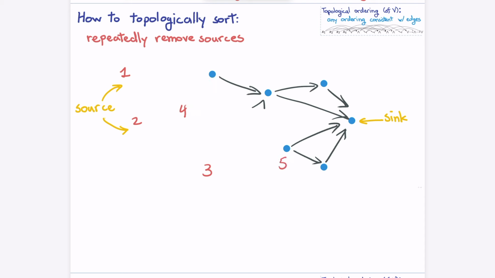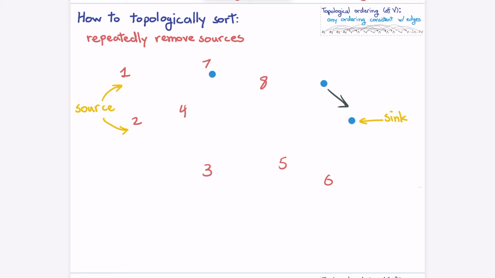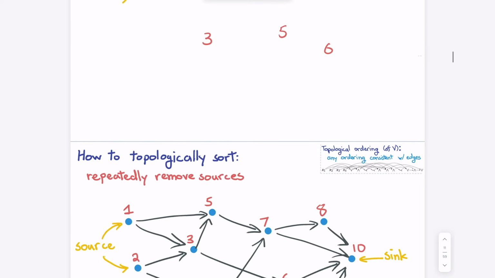This could be 5. We mark that off. We have lots of choices, but we just keep iteratively finding a source in the remaining graph. I think you get the idea. So that's one relatively simple algorithm.